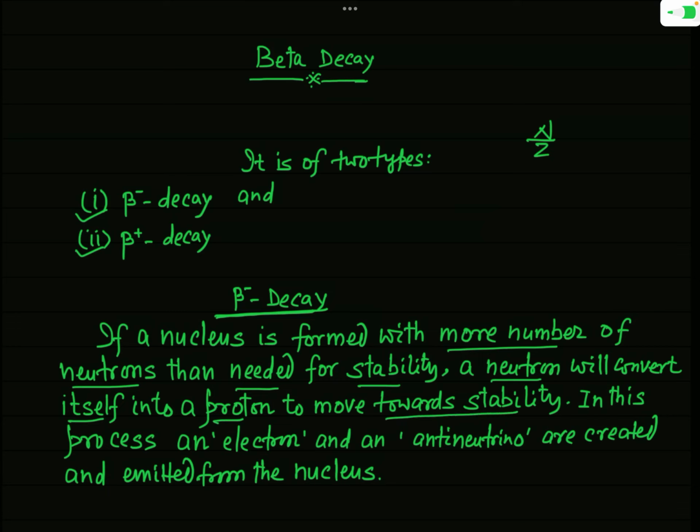And actually in this process, an electron and an antineutrino are created and emitted from the nucleus. So in a simple way, you can say that a neutron will convert into a proton, and at the same time two other particles are created, and those two particles are electron and antineutrino, and these two particles get emitted from the parent nucleus, and we get a daughter nucleus.